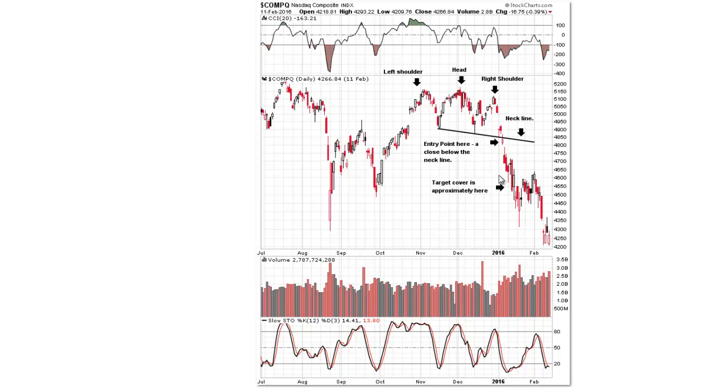So you could have taken part of your position off at the first target and then kept some until just above this low here in August, and that would have worked out really well. So if you get off to a really strong start with the trade, think about completing the trade at a support level below the target, or a little above there actually.